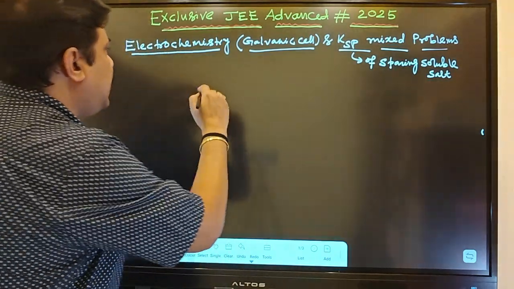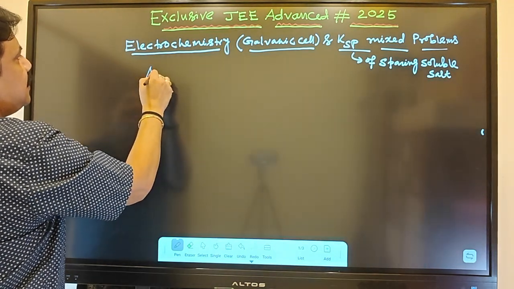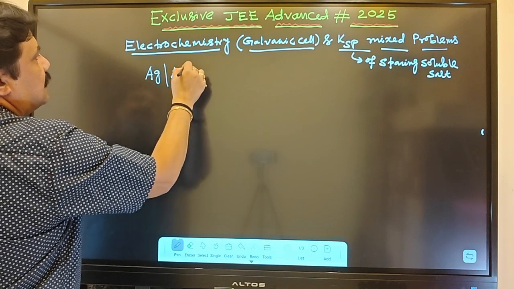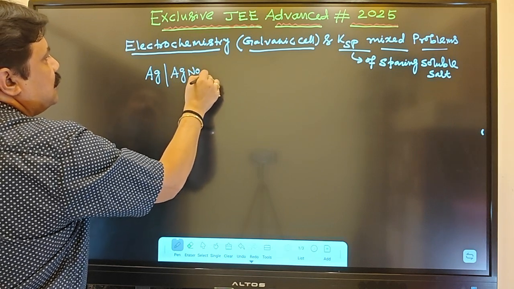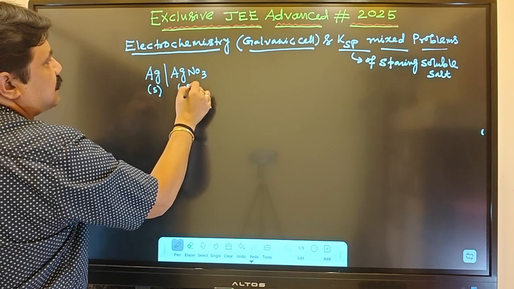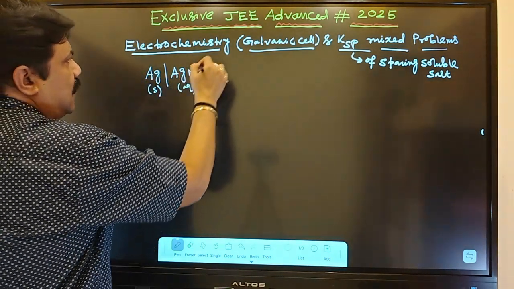If you look at it, they are giving a galvanic cell like this: Ag | AgNO3. Here Ag is solid and the AgNO3 will be aqueous, which means the salt is dissolved in a particular solvent.